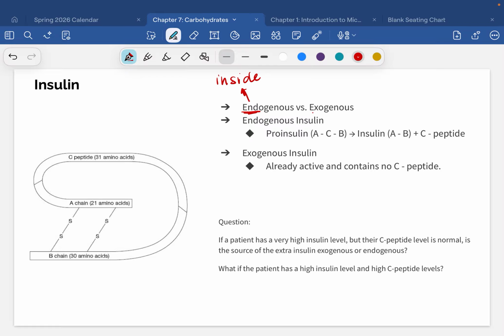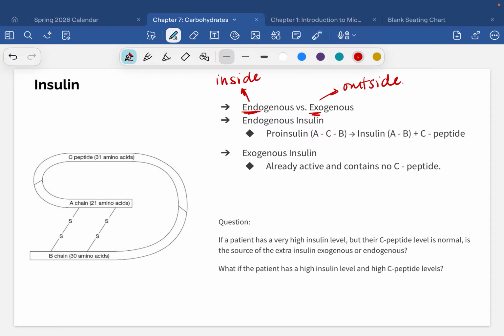Exo, like an exoskeleton, right? An exoskeleton is something that is always going to be on the outside. So exogenous is something that our body does not produce, but we take from the outside. Specifically talking about insulin, insulin is a hormone that our body produces. When our body produces insulin, it's called endogenous insulin.